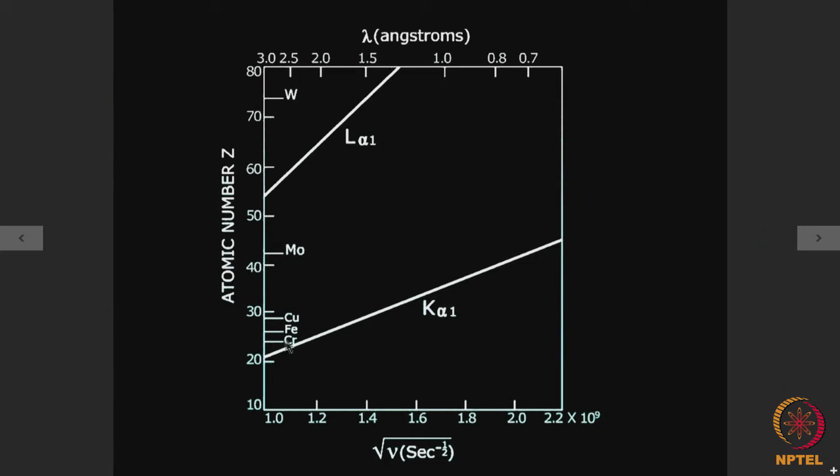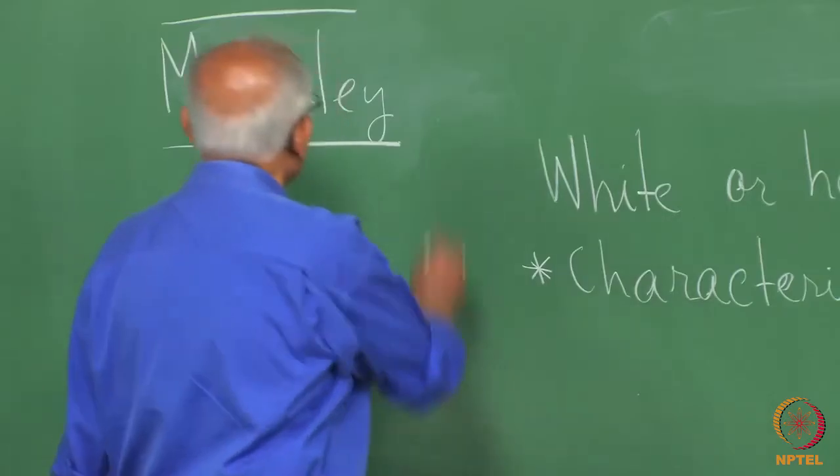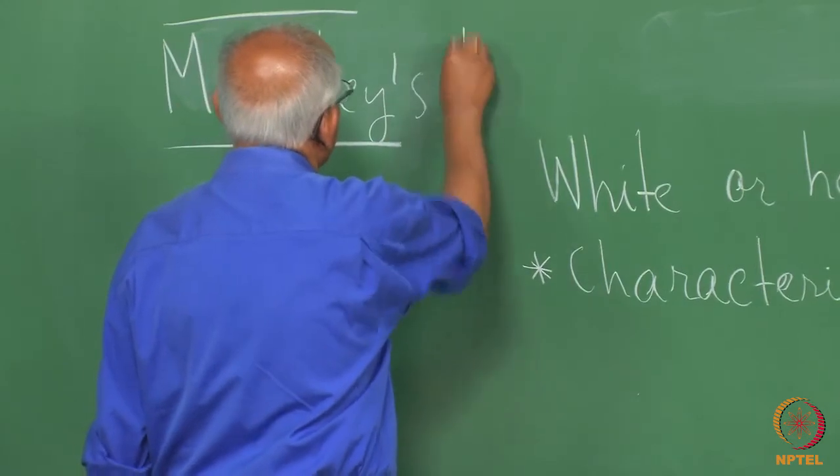Say for example, the K alpha 1 radiation. If you plot atomic number versus root nu, he found out that there is a straight line relationship. Now, on this axis the lambda is given, the wavelength of the X-ray. So, you see that there is a straight line relationship existing between the atomic number and root nu, and this relationship was found by Moseley and is known as Moseley's law.